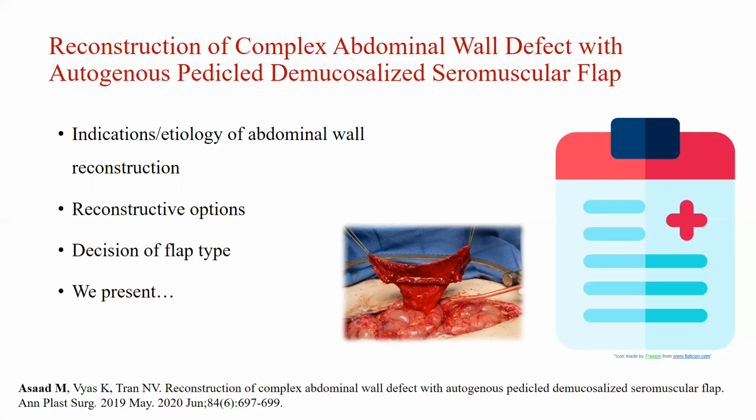The general background is abdominal wall reconstruction. It's not the ileal segment, because the goal of this study is abdominal wall reconstruction in general. So the big, general background is the indications and etiology of abdominal wall reconstruction, when do we do it? The next point I discussed is how do we do it?